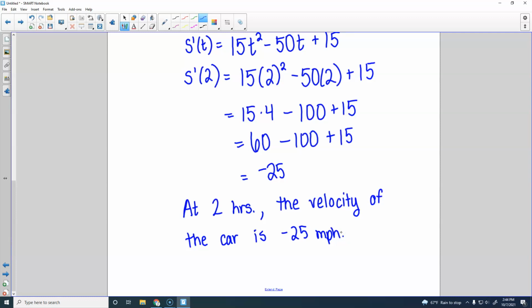Or you can say 25 miles per hour in the negative direction. When we're talking about velocity, in this case, he's on a straight road. So the gas station is like your 0 right here. If you're going to the right, that would be your positive velocity, and if you're going to the left, that would be your negative velocity. So he is traveling to the left, if you were looking at this straight road.